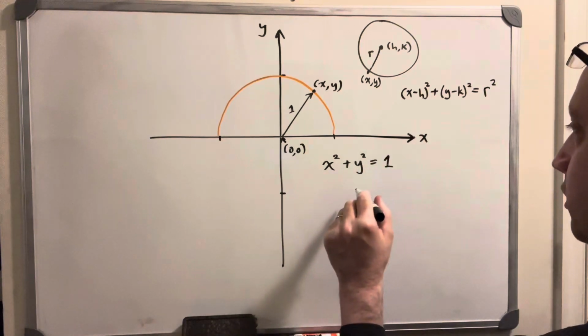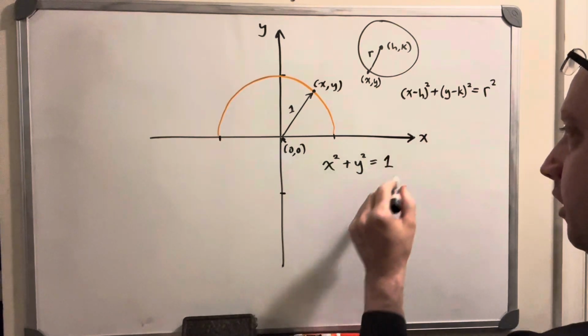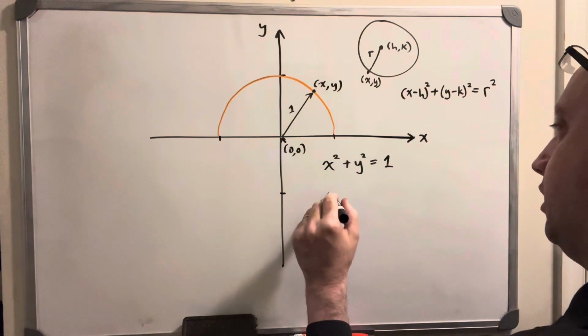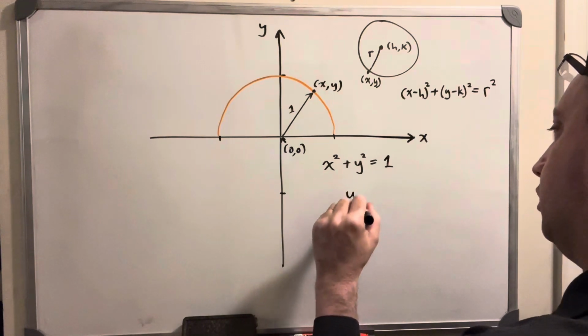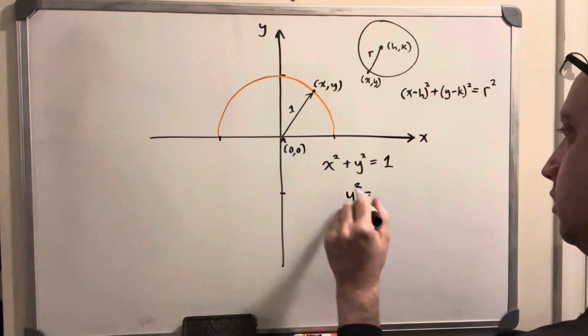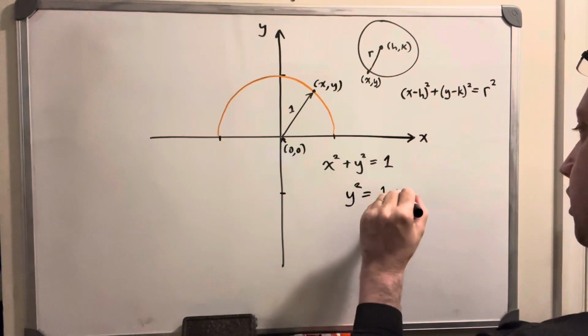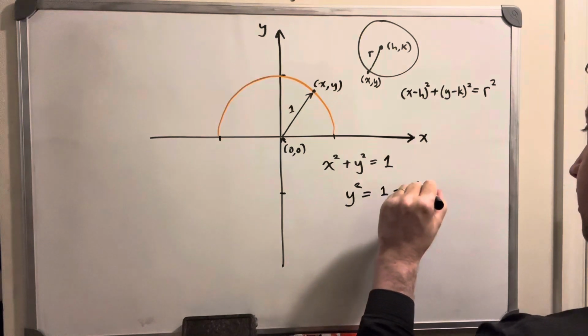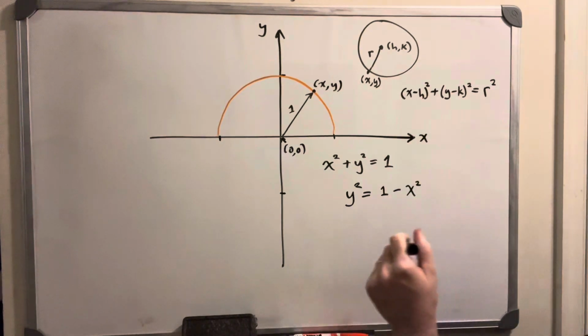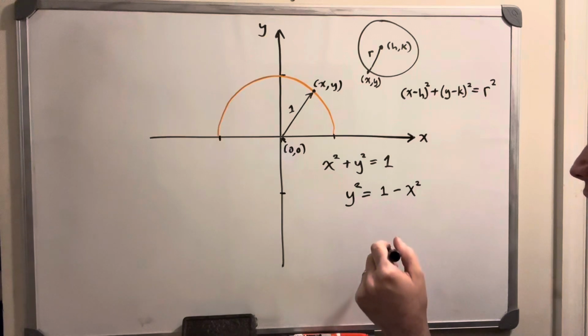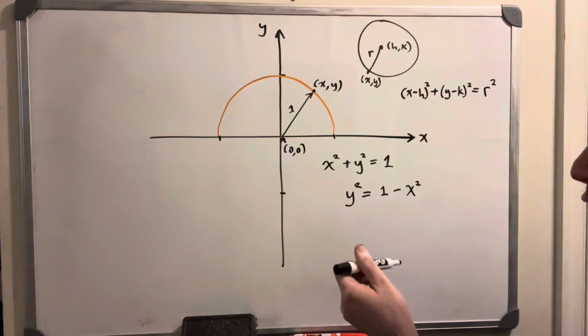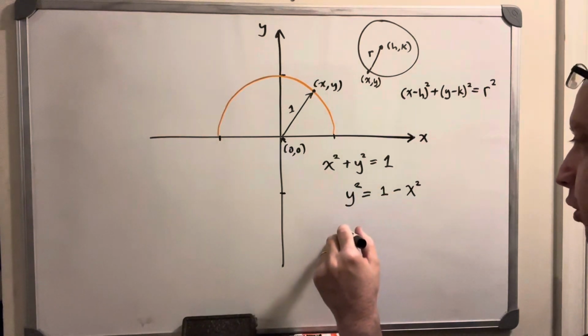And in this case, the y squared, we're going to move this over here, right? So we can say y squared equals, we subtract x squared from both sides. We got 1 minus x squared. But how do we get y by itself? Yeah, we just take the square root of both sides.